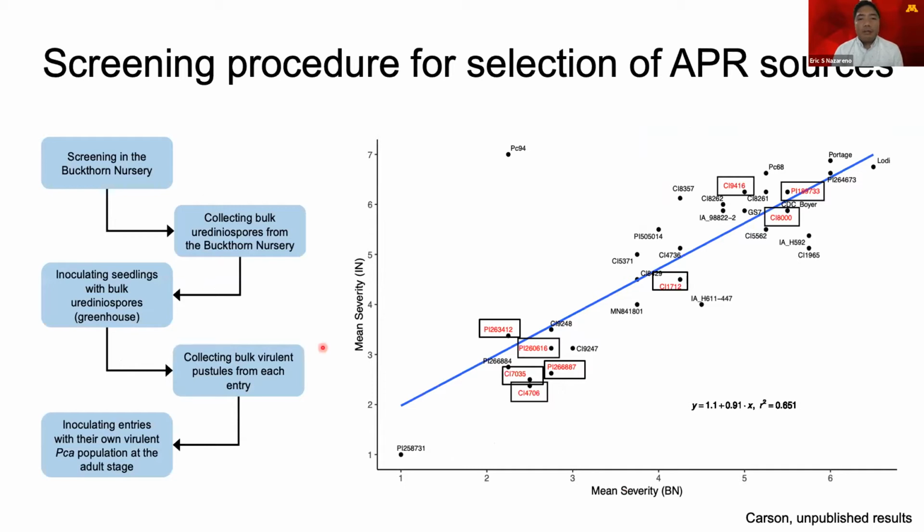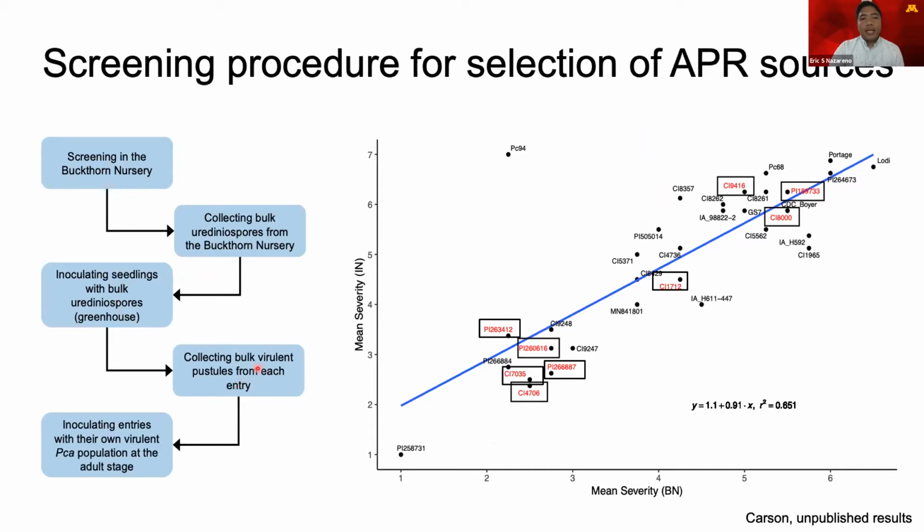Recognizing the value of the APR in breeding, Dr. Marty Carson screened different entries of oat in the mid-2000s. What he did is he screened these oat accessions in a Bucktor nursery, and then he collected bulk urediniospores from the nursery and inoculated the seedlings in the greenhouse with the urediniospores.